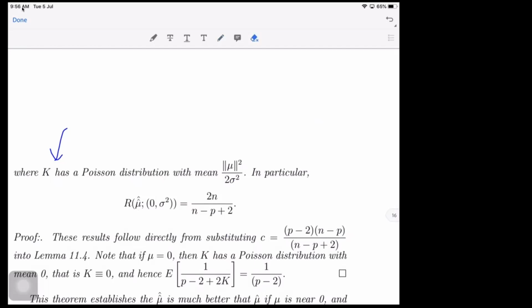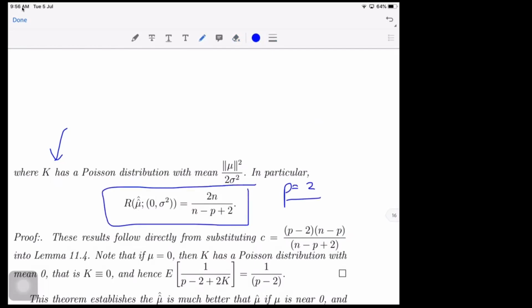And in terms of the formula, y bar will be better. That is when P is equal to 2, because the associated risk here will be equal to 2. Do you follow? If mu is just standard normal, that's why we always use y bar instead of the James-Stein. It is not popular.